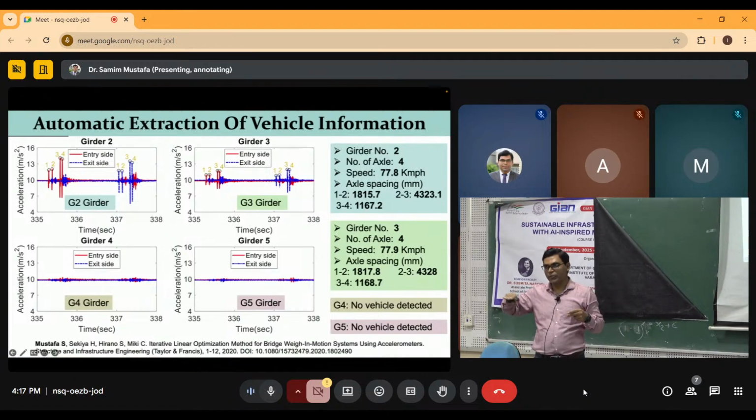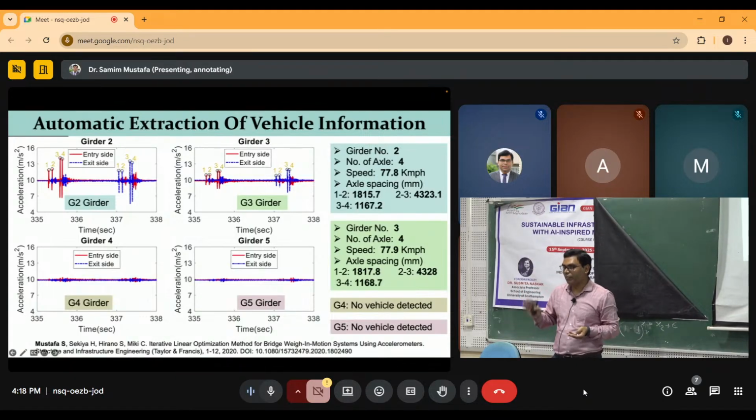You identify those peaks and label them 1, 2, 3, 4, and from the entry time and exit time differences, you can determine the velocity. You can determine how many axles there are, what the axle spacing of the vehicle is, all other information from the detection sensor, except the vehicle weight.